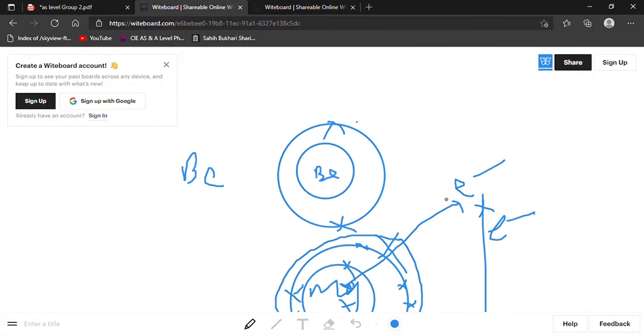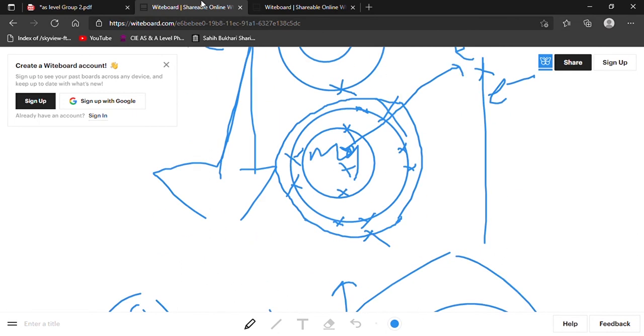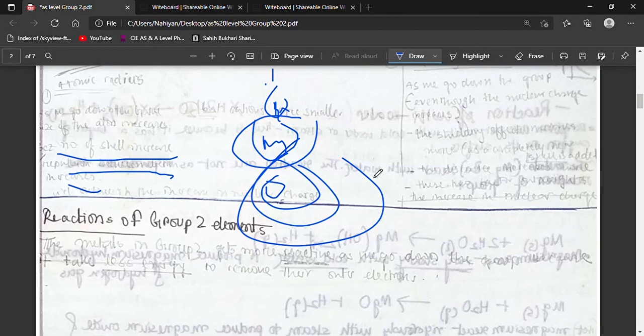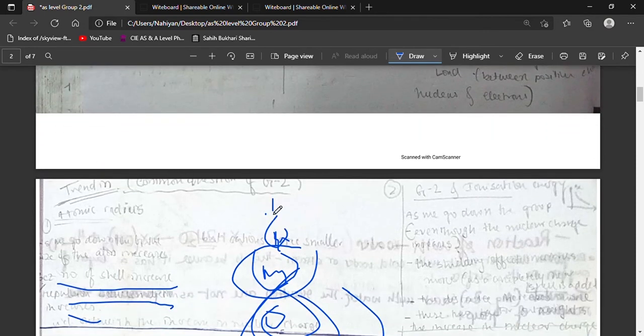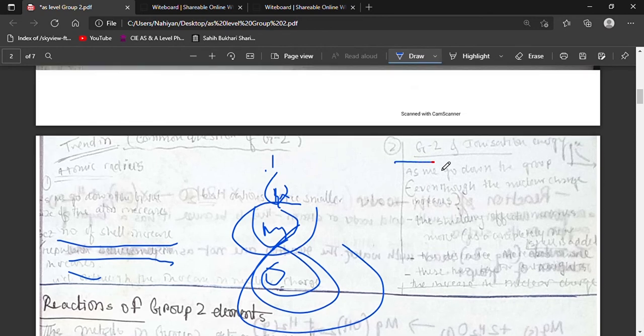If the number of electrons is increasing down the group, the protons also increase, so the nuclear force should increase as well. But the shielding effect, the repulsion between the electrons and the distance outweigh that. So the radius keeps on increasing.